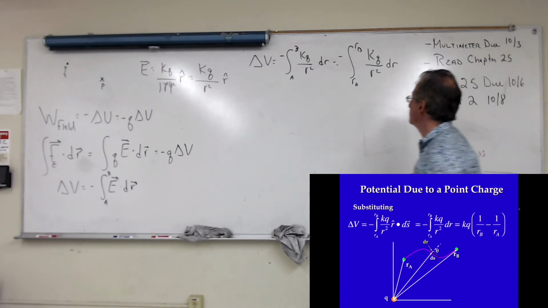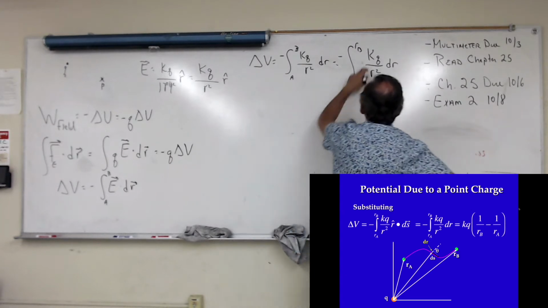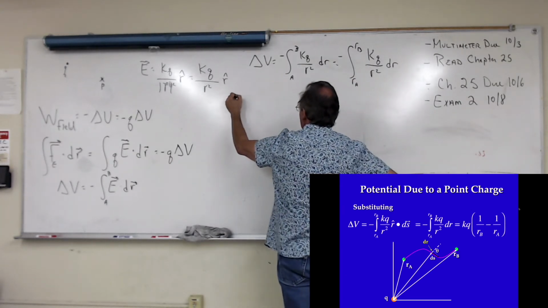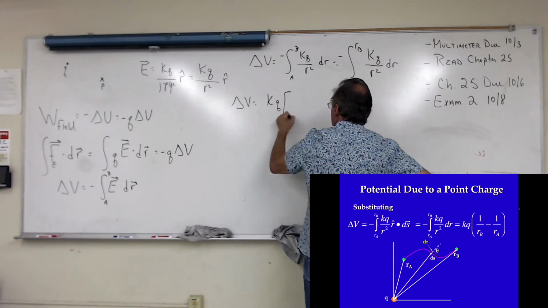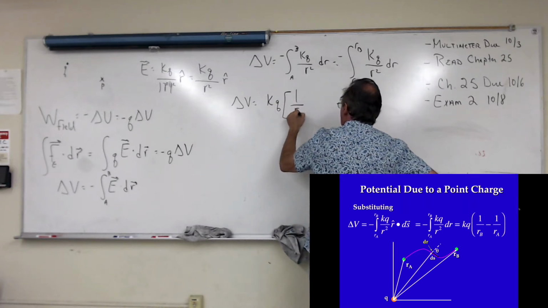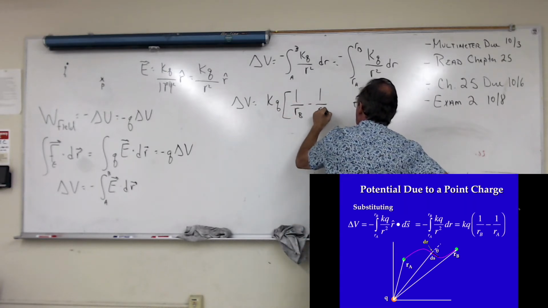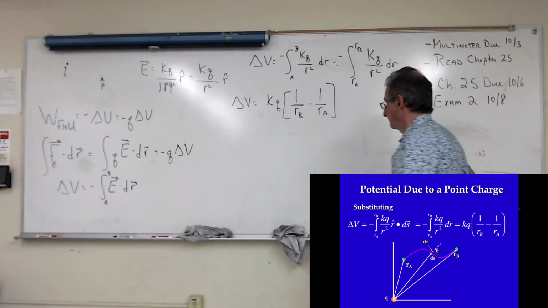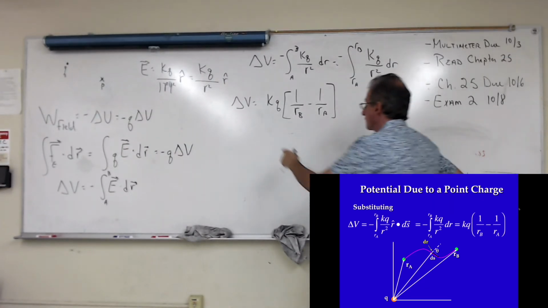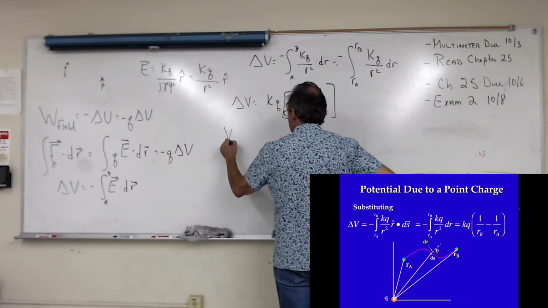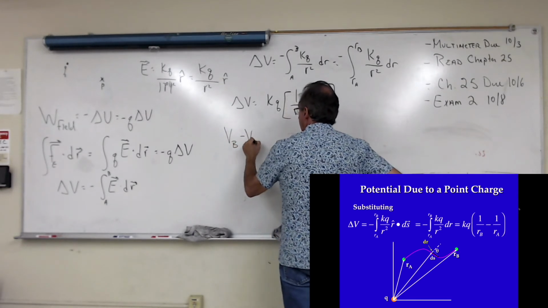And that integral is easy. So when we integrate this, we're going to get, and of course, this is going to be V at B minus V at A.